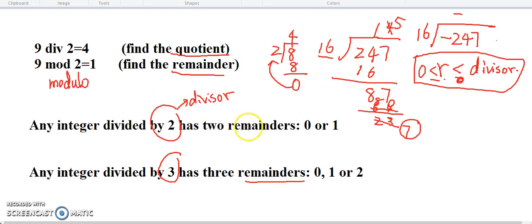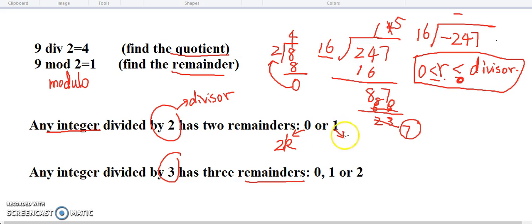And the reason we talk about this is we can divide integers, positive or negative or 0, into different categories. So if we divide an integer by 2, we get either remainder 0 or 1. If the remainder is 0, that tells us 2 goes into that number, which means this number is a multiple of 2, which is an even number.